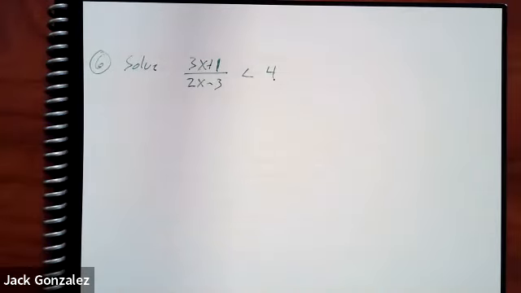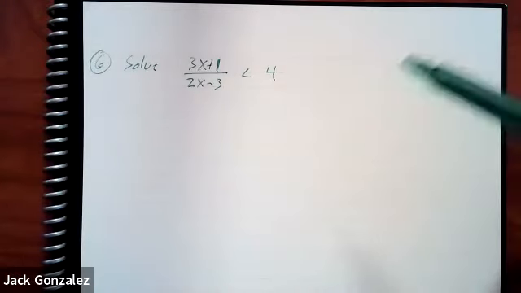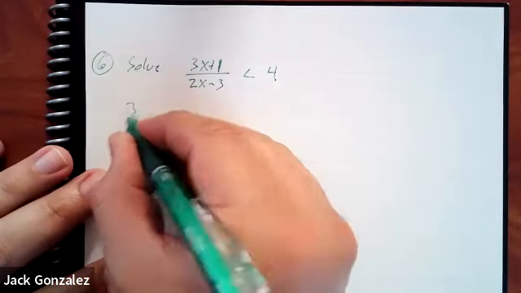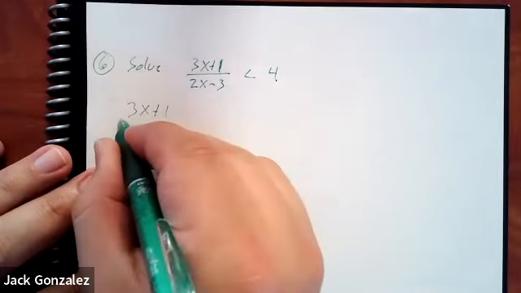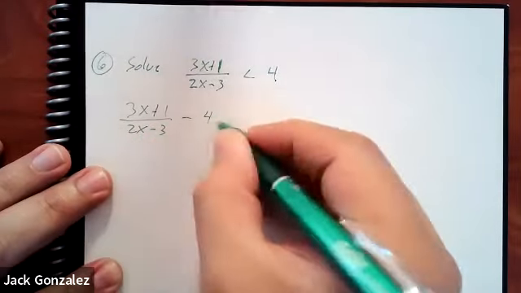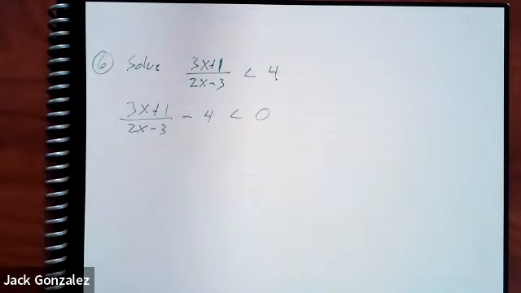So try to set them to 0 as well, like before. You're just gonna have to deal with this 4. So if I subtract both sides by 4, you agree we would end up here. Is that okay?